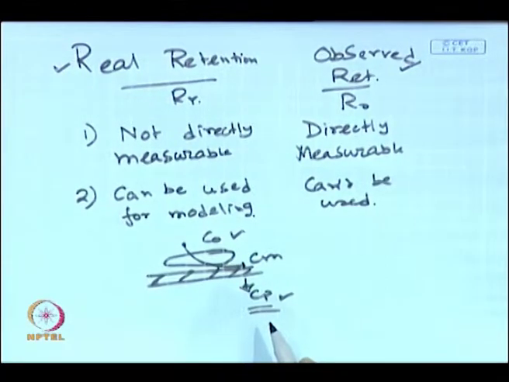So, that cannot give the exact extent of separation by the membrane that has the affinity for that particular solute. Real retention gives the actual separation capability of a particular membrane towards a solute, that is why it is called real retention.